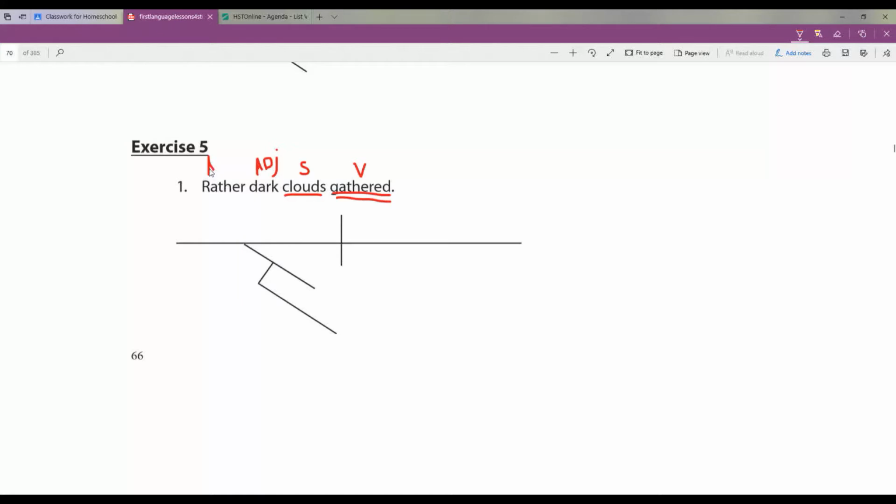So this makes it an adverb. And a lot of times those to what extent adverbs are really kind of hard to find because a lot of people label those as adjectives, but they're not. So gathered will go here. Clouds goes here. Dark is an adjective that describes nouns, so it goes here. And since rather is an adverb describing dark, it goes on an arm right off of the word that it's modifying. So go ahead and write that down.